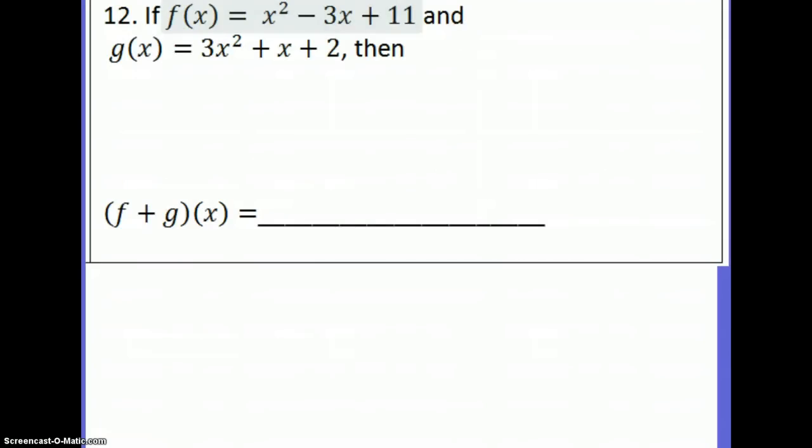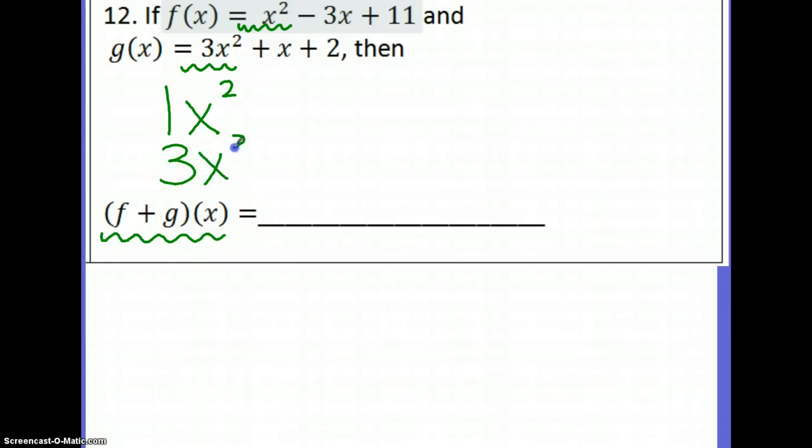f(x) = x squared minus 3x plus 11, and g(x) is 3x squared plus x plus 2. We are going to add the two functions together. That means we're going to combine like terms. If you have x squared, that's the same as 1x squared, and 3x squared, we can put those together.